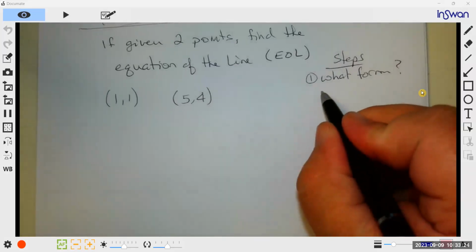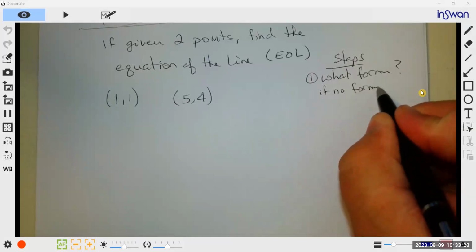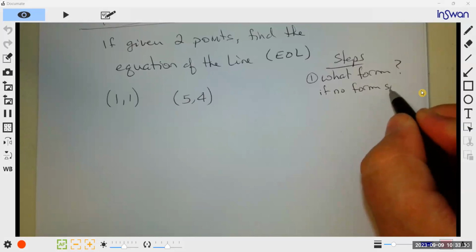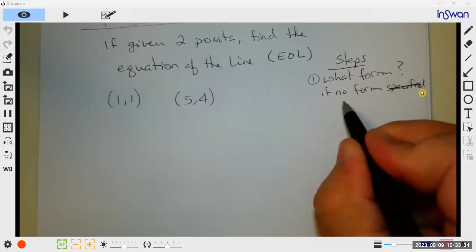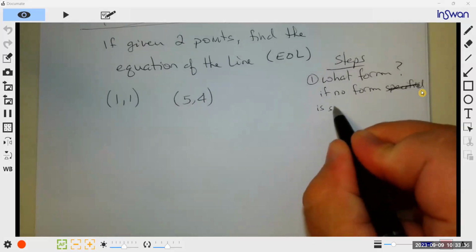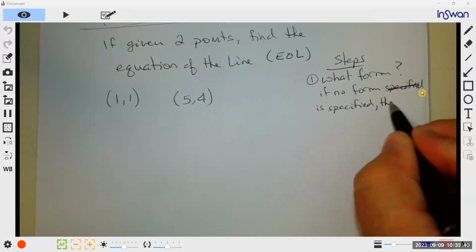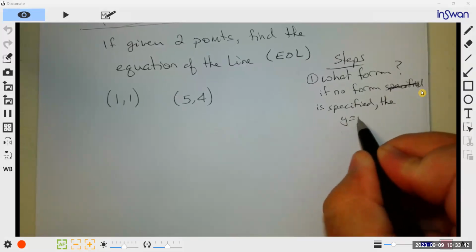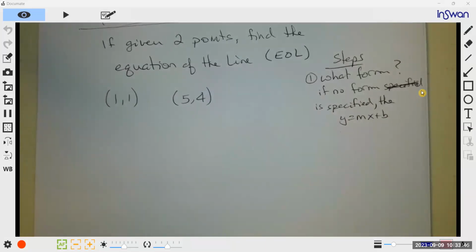If no form is specified, then y equals mx plus b. That's usually the go-to form.